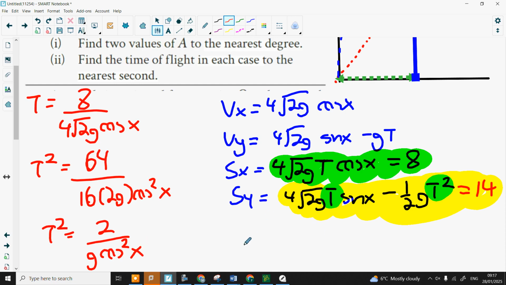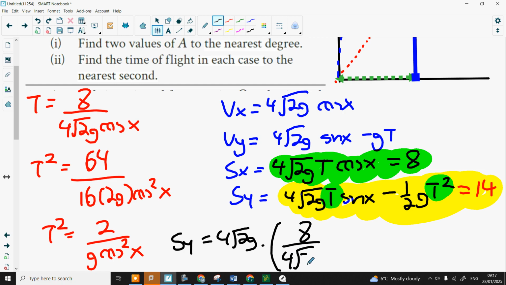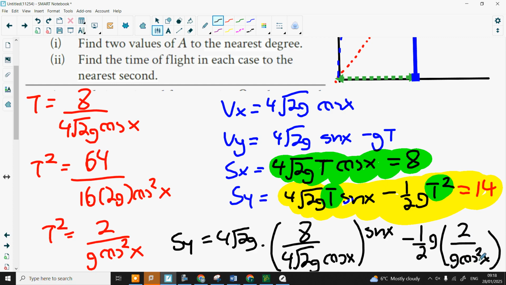Now let's go with sy. So we're subbing into sy, and this is difficult, all right? So 4 root 2g, and then the t. Well, that's handy because what's going to happen to the 4 root 2g's? They're going to cancel, aren't they? And then minus a half gravity times what I just got here, that's 2 over g cos squared x.